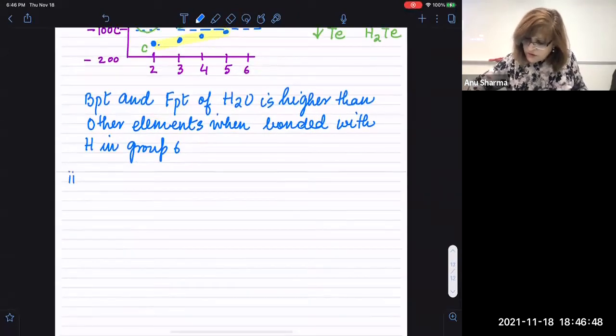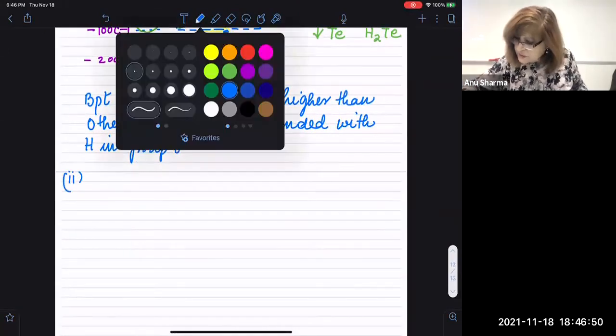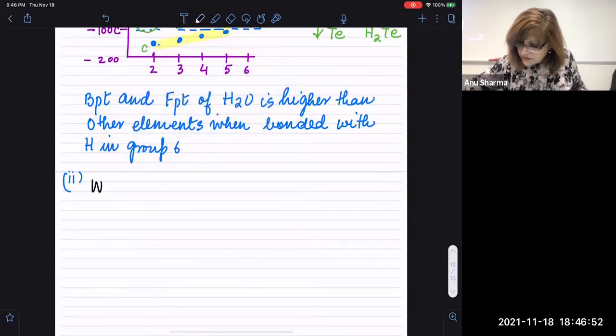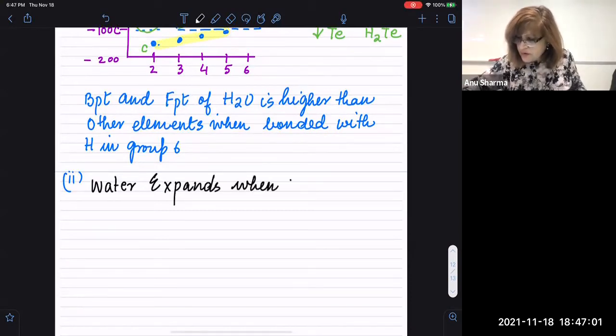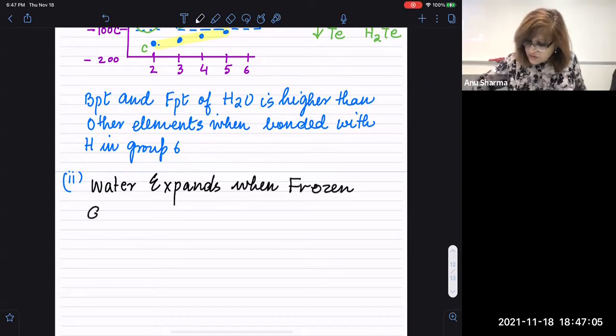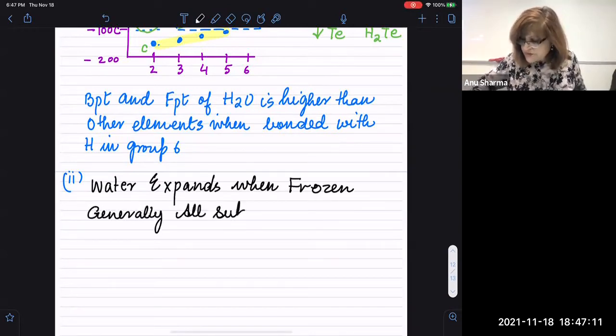expansion of water. So water expands when frozen. Why? Generally, the rule is that all substances contract when frozen.